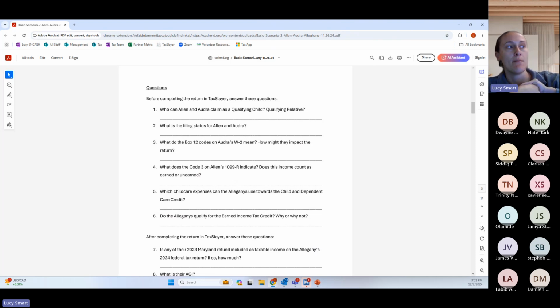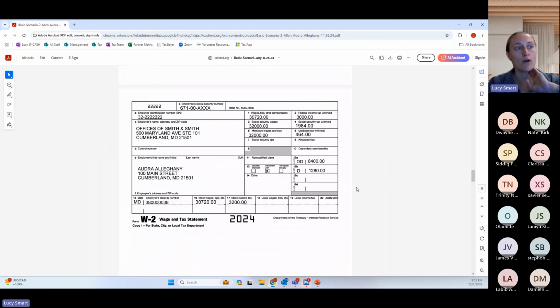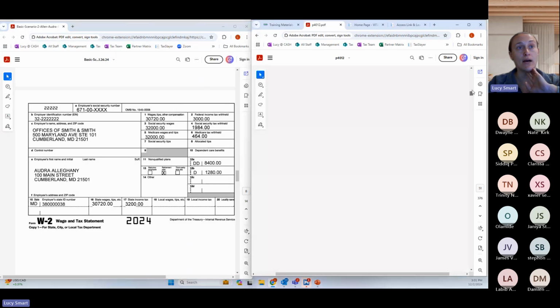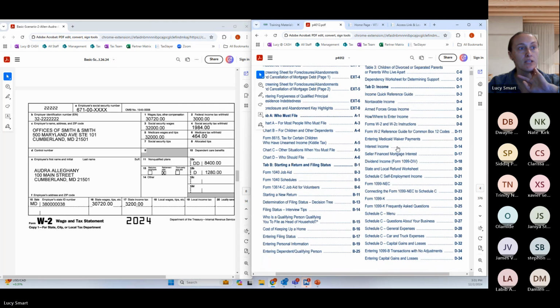Okay, what do the box 12 codes on Audra's W-2 mean, and how might they impact the return? If we look at Audra's W-2, box 12, we see code DD for $8,400 and code D for $1,280. You'll start to get familiar with these codes, but we can always check in Publication 4012 what they mean.